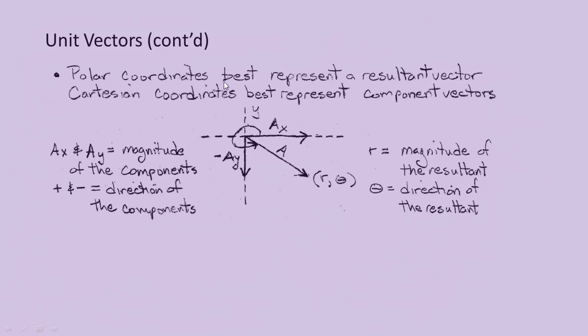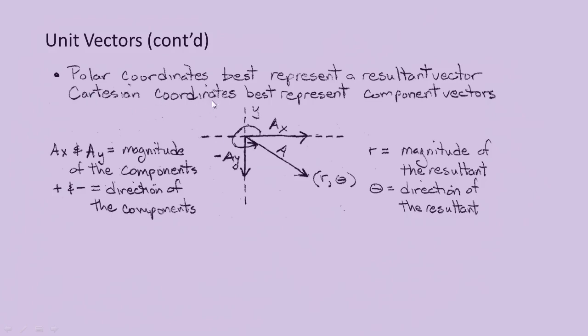Now, polar coordinates, if we go back to our coordinate systems, polar coordinates best represent a resultant vector because the coordinate r gives us the magnitude of the resultant or total vector, and theta gives us the direction of this total vector.